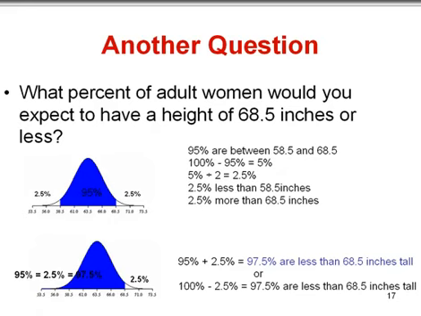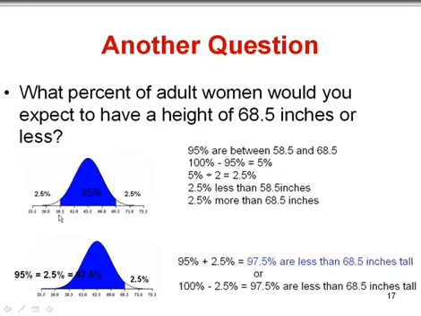First question, what percent of adult women would you expect to have a height of 68.5 inches or less? Of the 3 graphs that appeared on the previous slide, it is the middle graph we need here. That is because 68.5 is exactly 2 standard deviations from the mean. The analysis goes like this.